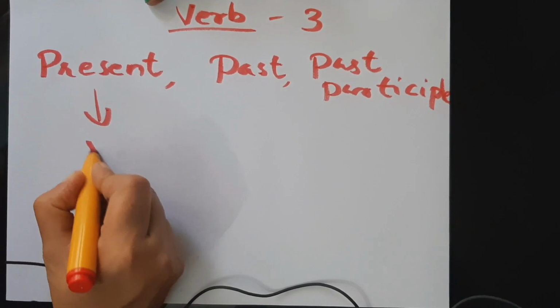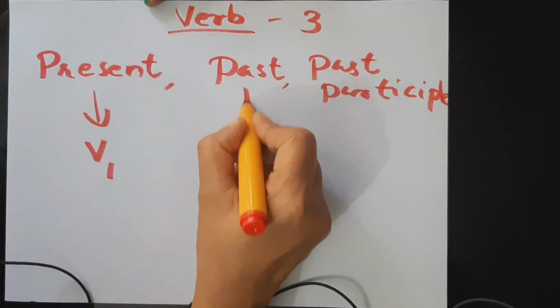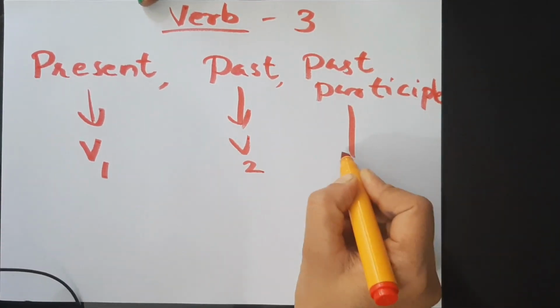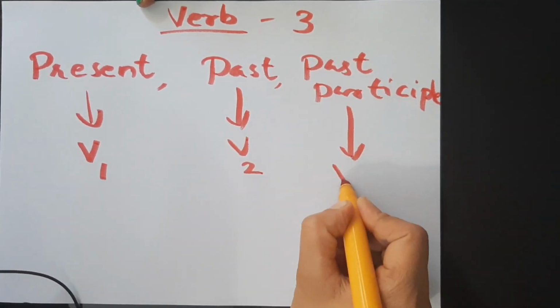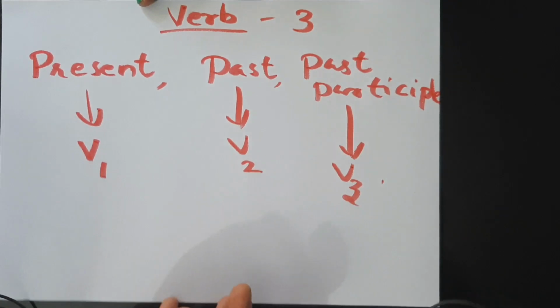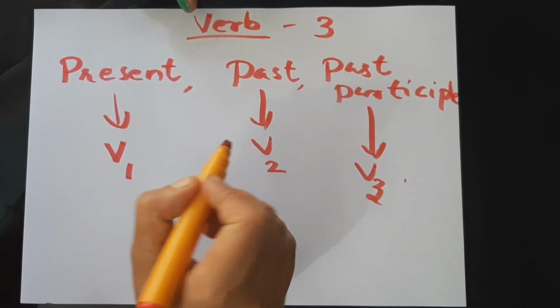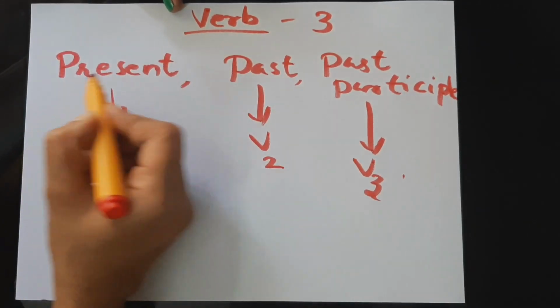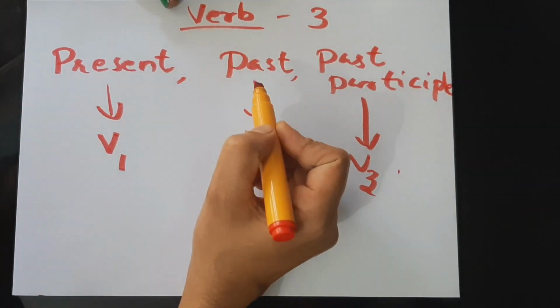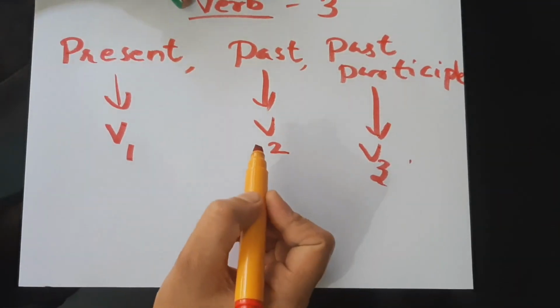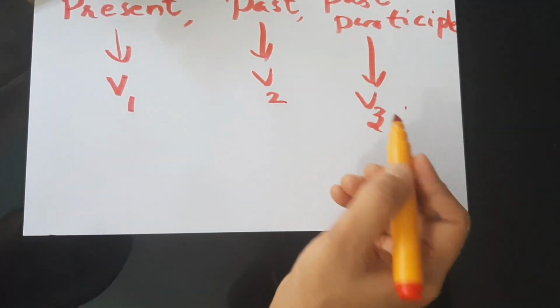Present means V1. Past means V2. Past participle means V3. Okay, this is the basic rule everybody must know. That is, a verb has three forms: present, past, and past participle, that is V1, V2, and V3.